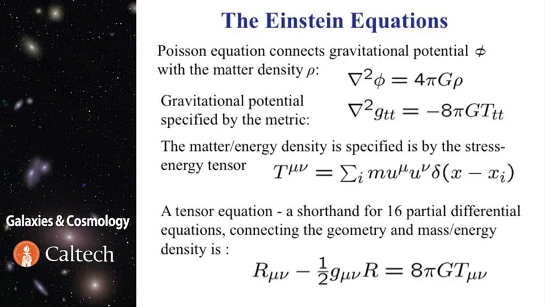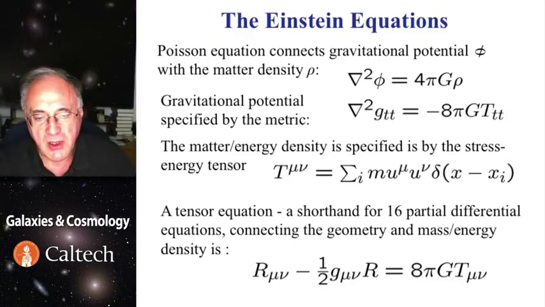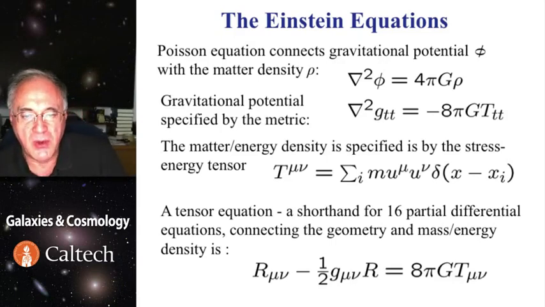That is a 4 by 4 matrix, and we need not go into its details. It's a shorthand notation, so using the two indices, mu and nu, which go from 0 to 3, this represents 16 partial differential equations of this form. And those are the Einstein equations.